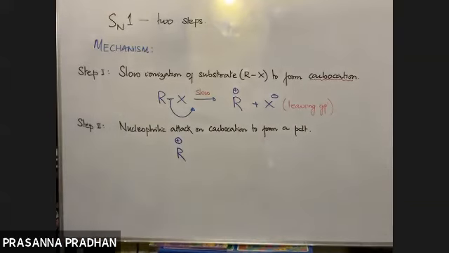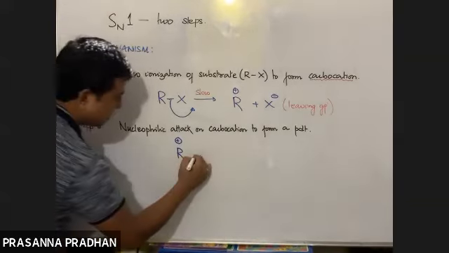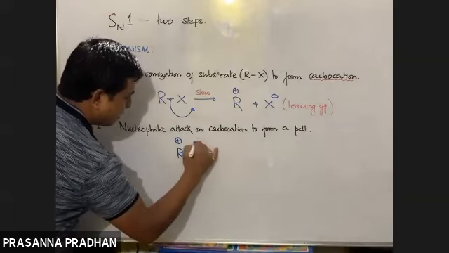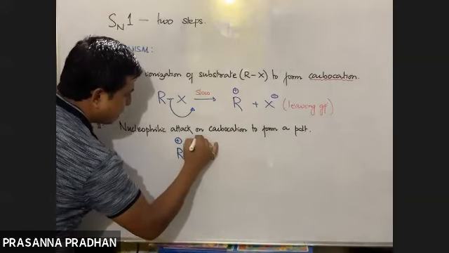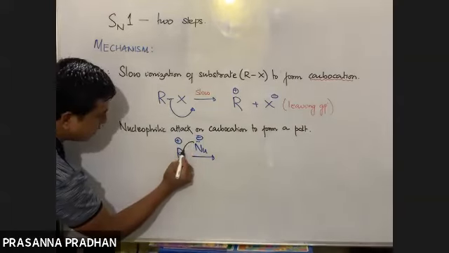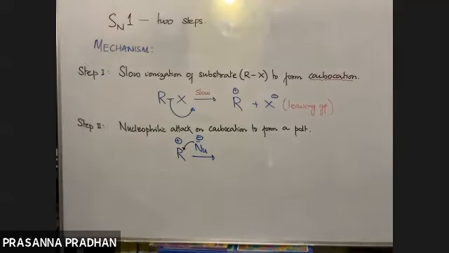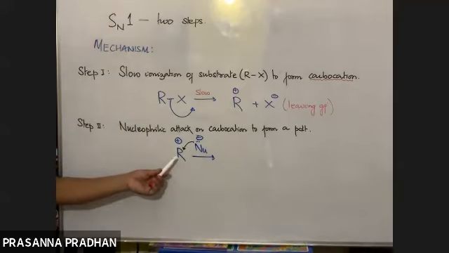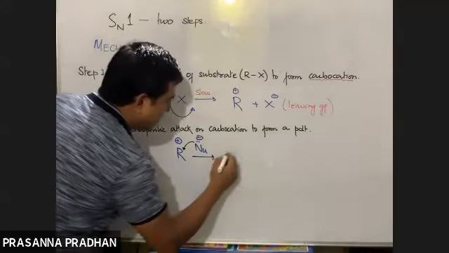We have a carbocation like this. The nucleophile will attack this carbon. Attack means it will form a bond with this electron deficient carbon atom. We have discussed just now: a nucleophile forms a bond with an electron deficient carbon atom, giving rise to a product.